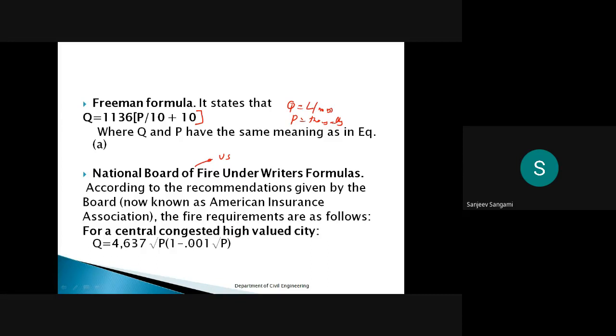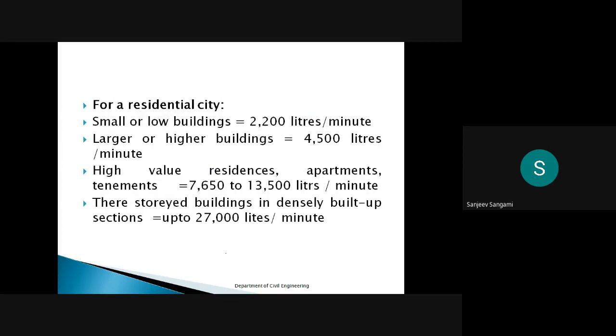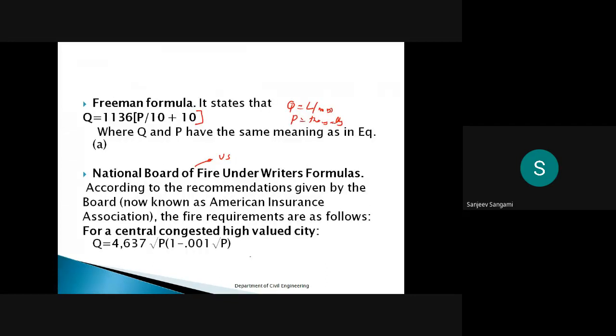According to its recommendations, this can be calculated with the formula Q is equal to 4637 root of P times (1 minus 0.01 root of P). Here also it has the same meaning: P is in thousands and Q is in liters per minute.